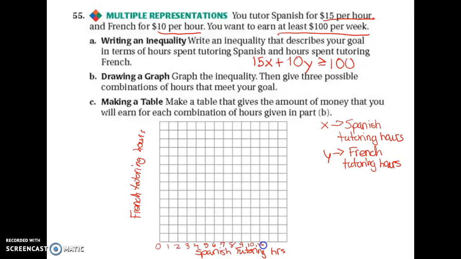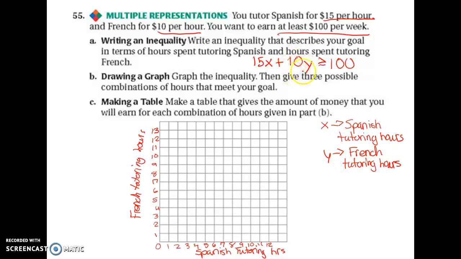And I'm going to do that for both. So the next thing that I can do is I can actually graph the intercepts. That might be the easiest way, or I could turn this into slope-intercept form and then graph the slope and intercept. I'm going to actually just graph the intercept since I was talking about that earlier.